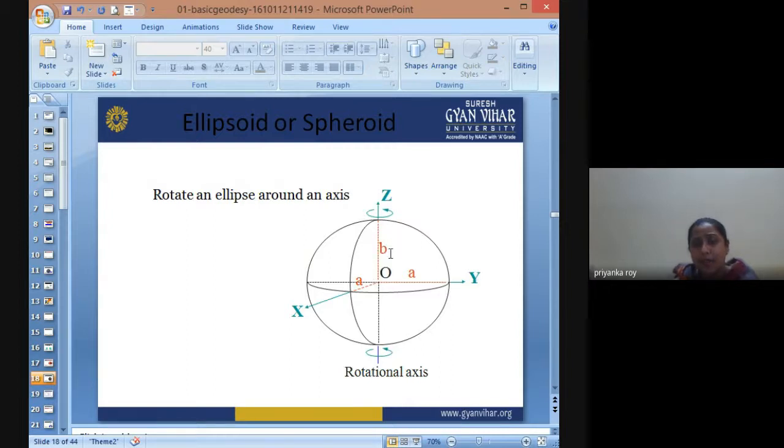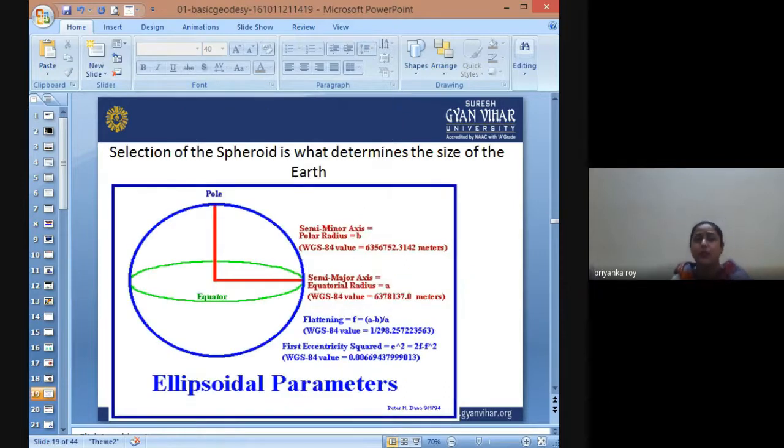This is the minor axis, this is the major axis, and the third one gives you a third dimension of its rotation. The selection of this spheroid is what determines the size of the Earth. What determines the size of the Earth? It is determined by the semi-minor axis at the polar radius and the semi-major axis at the equatorial radius.